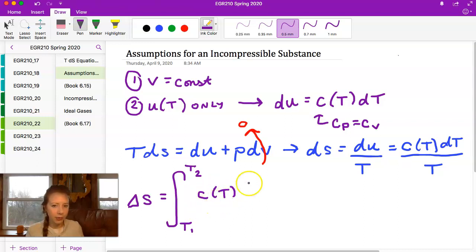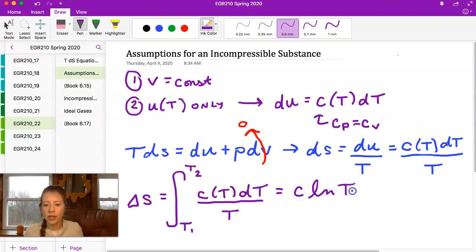So we can look that up. dT over T. So if we integrate dT over T, the C is a constant, although it is dependent on temperature. Well, we have 1 over T dT times C. And so when we integrate that, we get C times the natural log of T2 over T1. And this is when C is constant.